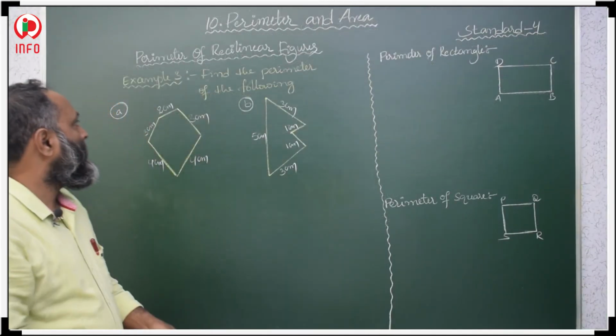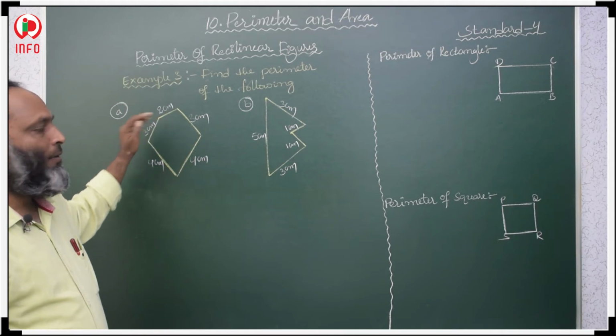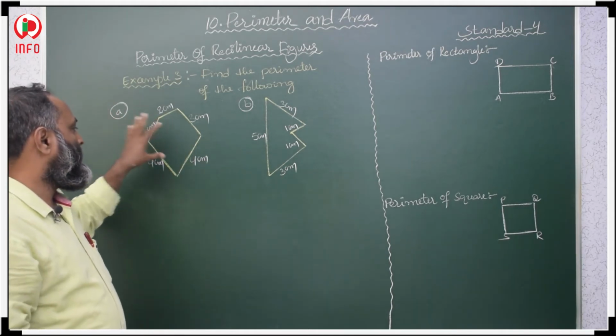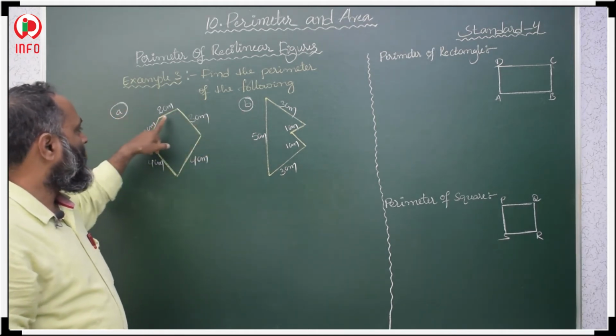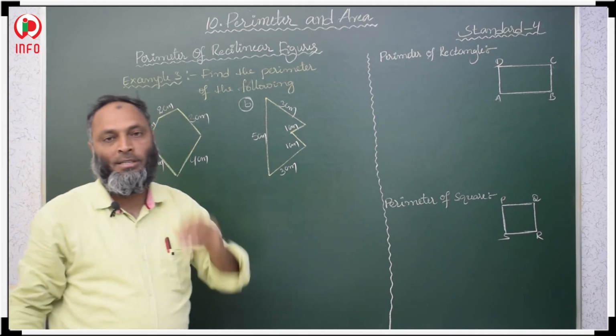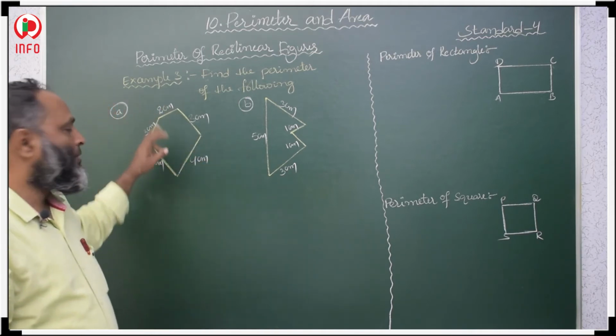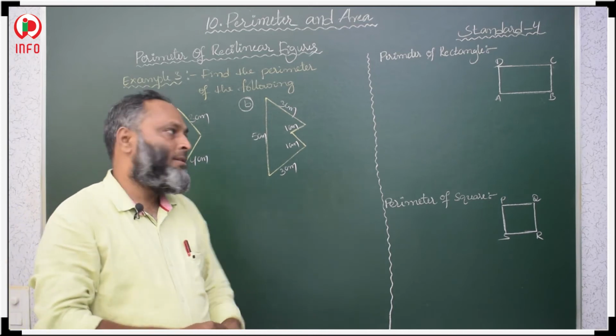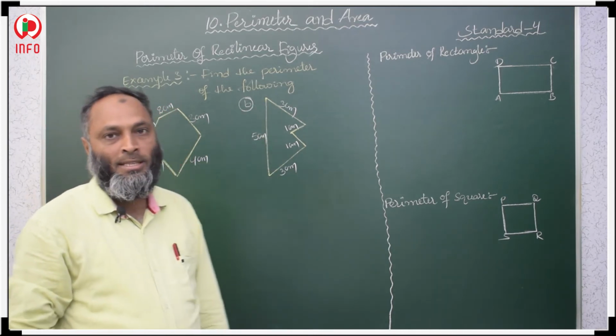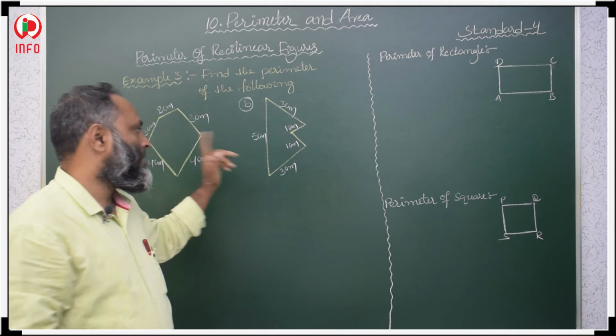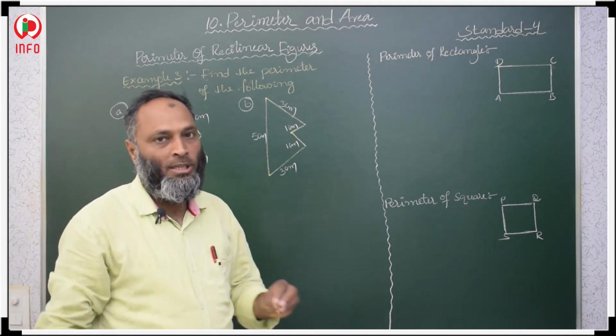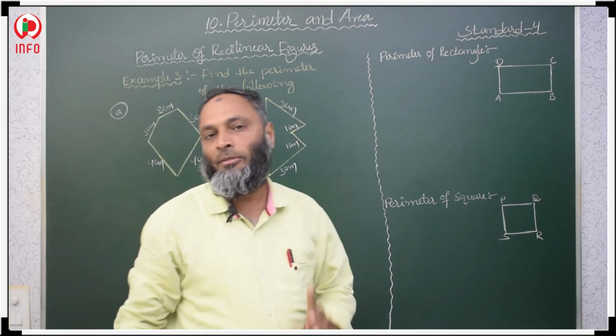Yes friends, now see here. In example 3, find the perimeter of the following figures. Here we have figure A and figure B. In figure A we have 5 sides. This figure is enclosed with line segments, and this also is enclosed with line segments. So these two figures are rectilinear figures.